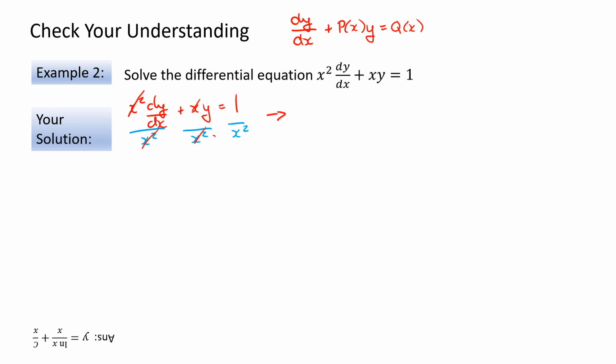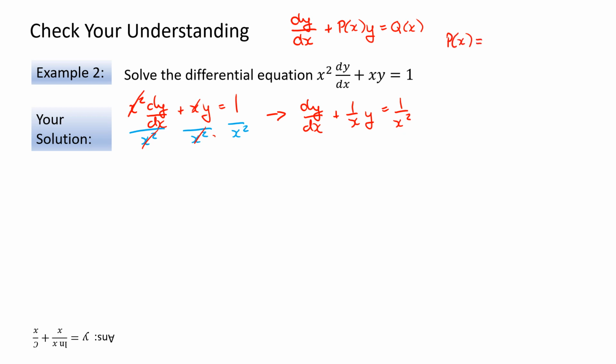So what this becomes is dy by dx plus 1 over x times y is equal to 1 over x squared. So now we see that dy by dx is by itself. We have a 1 over x term behind our y term, and it's just y by itself, not y squared or anything else, so that's fine. And our term on the right is just a function of x, 1 over x squared. So what that means is, I'll change back to my red.